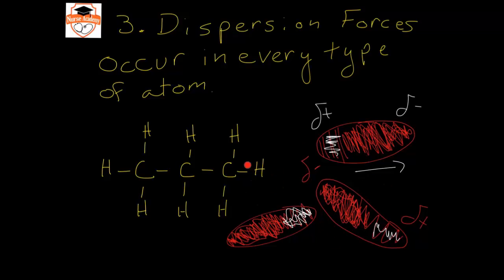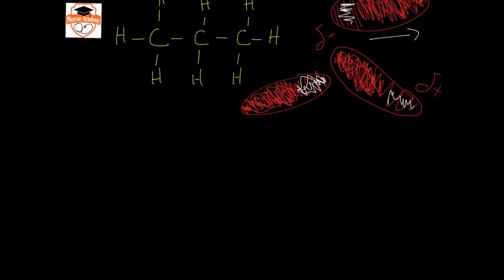Now, this type of instantaneous dipole that we've discussed can occur in every single bond of a molecule. The more bonds you have in a molecule, the higher the tendency to have these dispersion forces. What you'll notice is that the larger a molecule is, or the more bonds it has, the more tendency it has to become a solid. So if we have CH4, which has 4 bonds in it, that's a gas.